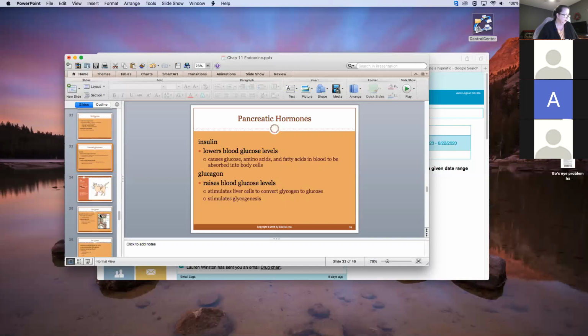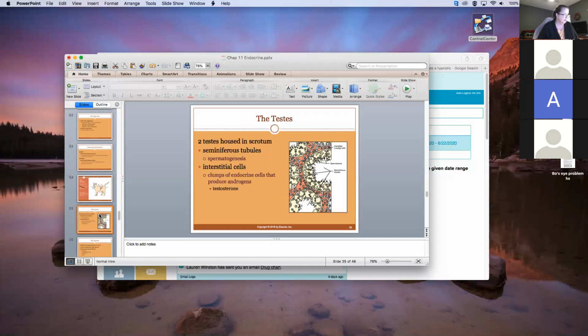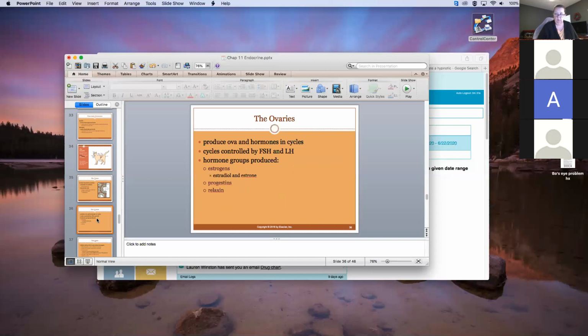And then I talked about the testicles and testosterone, which is the primary male hormone. Now remember, if we neuter a male, we're taking away their primary sex hormone, which is testosterone.